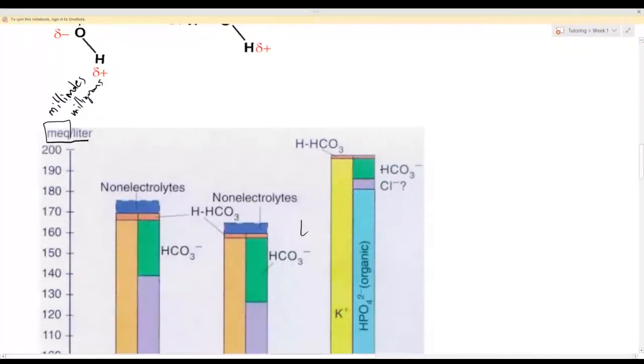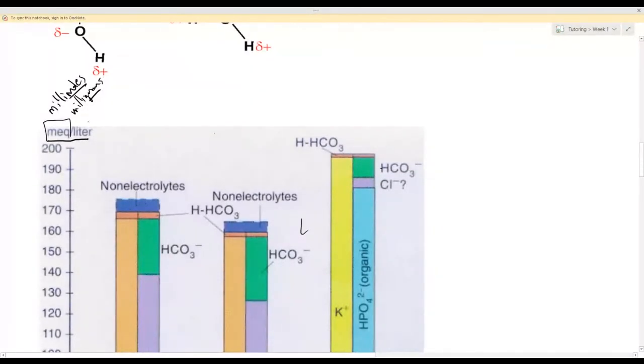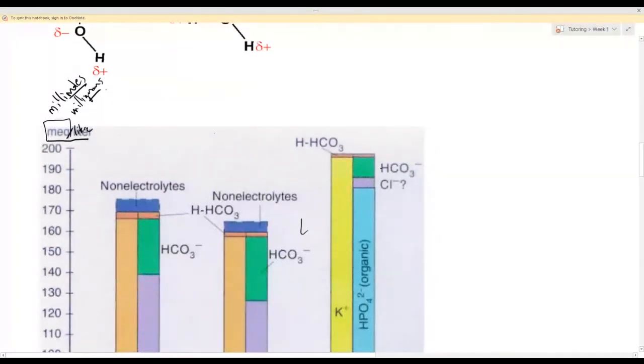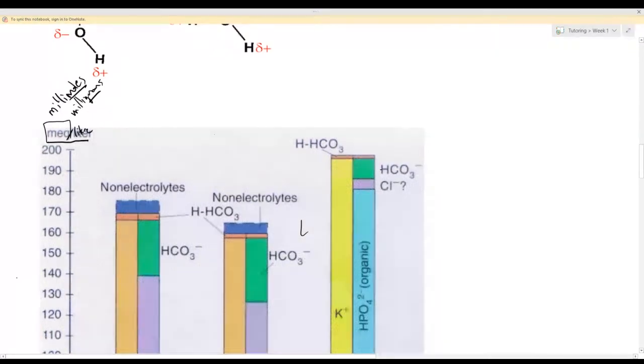Think of it as just some unit for the quantity that we have, and then over liter. So moles per liter, grams per liter, whatever that is, that's a unit of concentration. In other words, what this is really telling us is concentration.